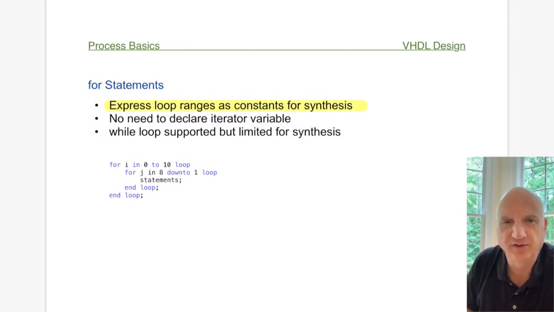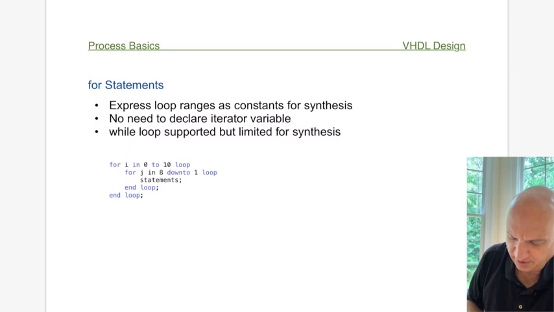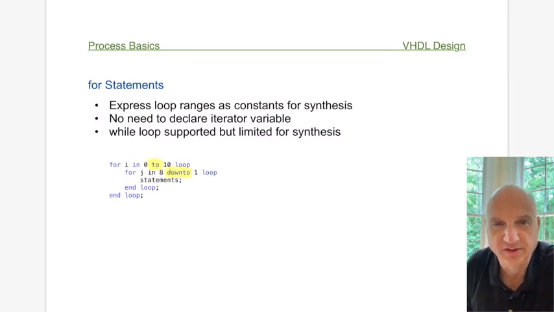If you don't, then you could generate some very inefficient logic in your design, and it could create some problems down the road. So you want to make absolutely sure to use constant values as your limits. You can express those using the to or the down to keyword, and I've got this in the example.